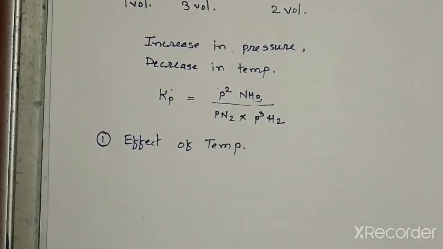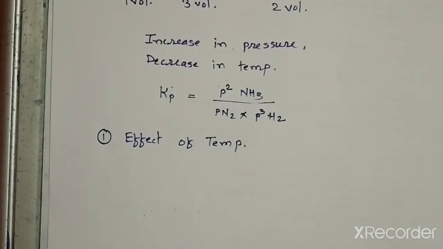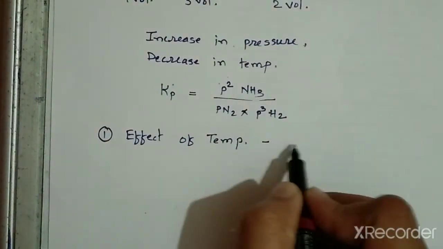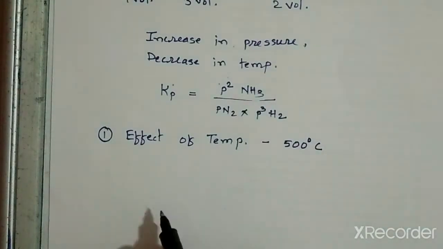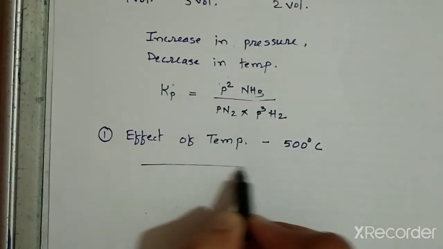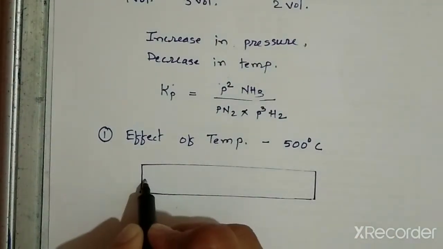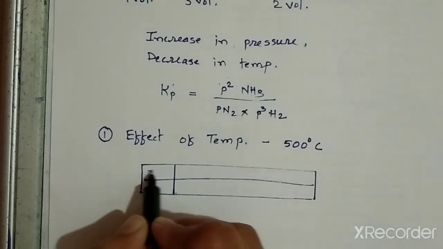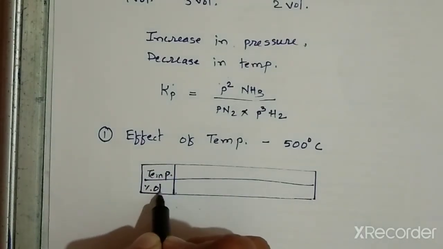If we increase the temperature, the percentage of ammonia will decrease, and the temperature we require is 500 degrees centigrade. If we increase the temperature, the percentage of ammonia is going to decrease. We will see a simple example of temperature range and percentage of ammonia.